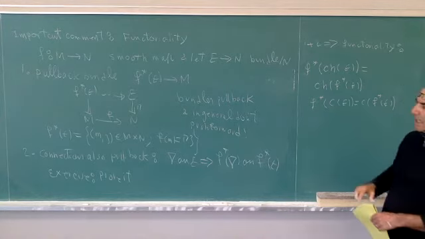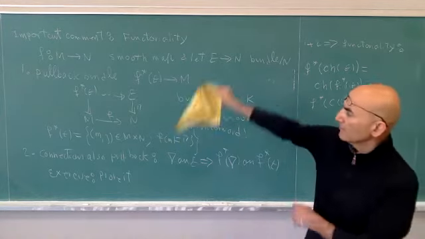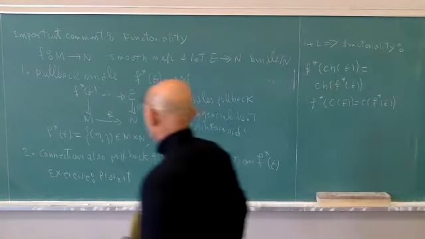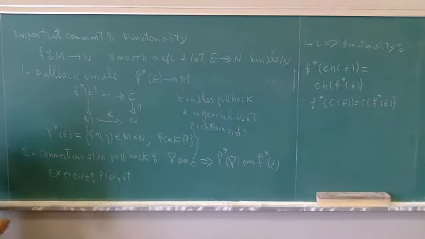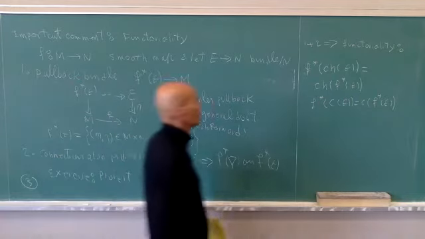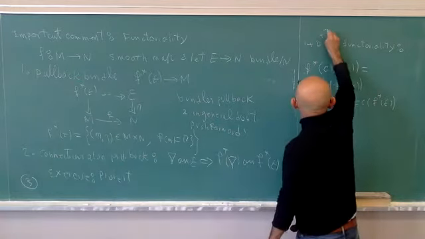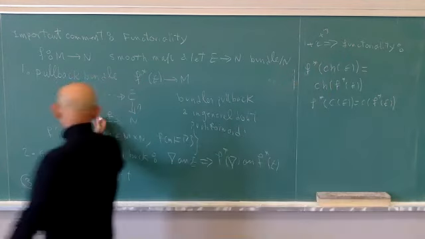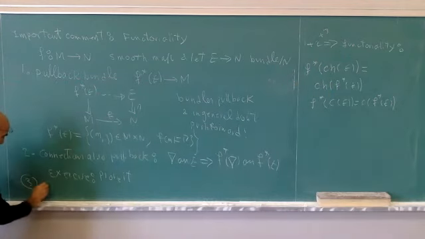Now, the only thing that I did not define here, maybe I should have had another item, 3, and then I would say 1 plus 2 plus 3 implies this. 3 is the pullback of differential forms.